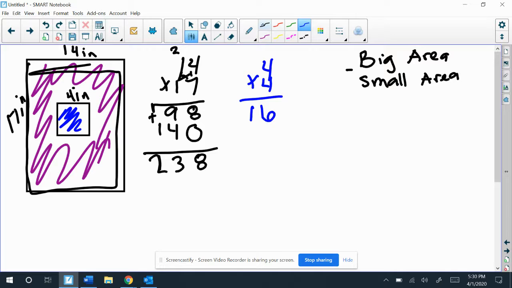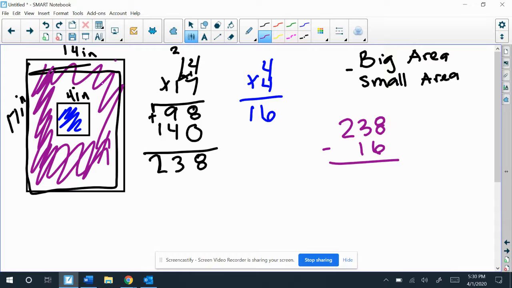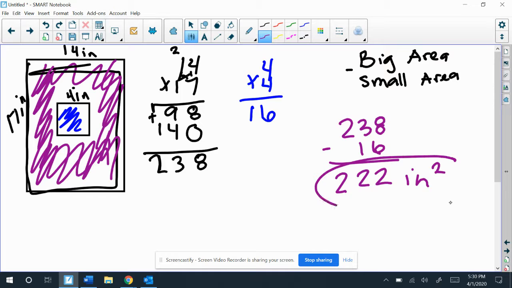Now I'm going to subtract the 238, subtract 16, to get just this outside area that I want. Well, 8 minus 6 is 2. 3 and 1 is 2. 2. My outside area is 222 inches squared.